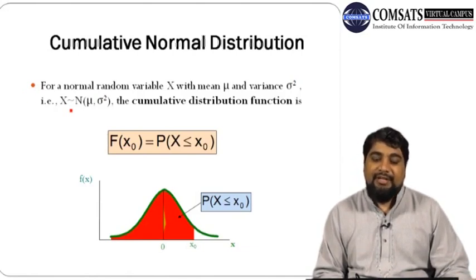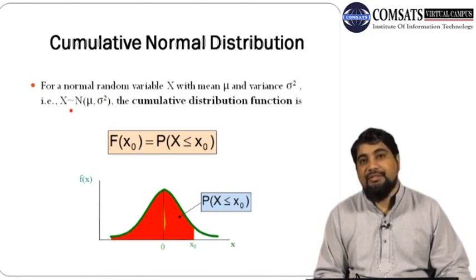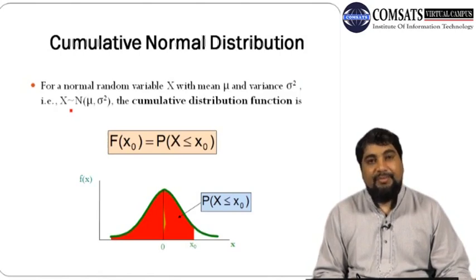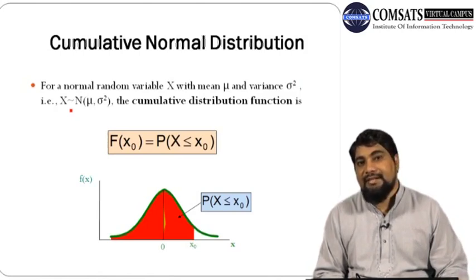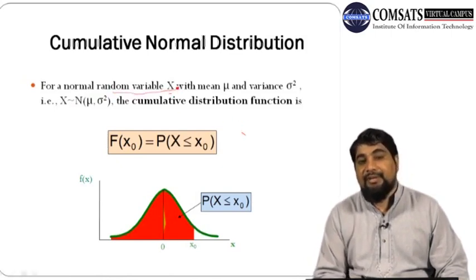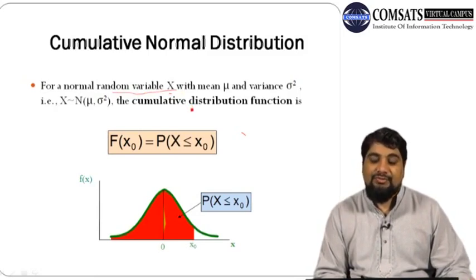We have already defined this cumulative distribution function, also called the CDF, of a random variable in the case of binomial distribution and uniform distributions as well. Now here we can define the CDF in the case of normal distribution. If we have a random variable which follows normal distribution, and the name of the random variable is x, we can use any other symbol as well, usually x is used.